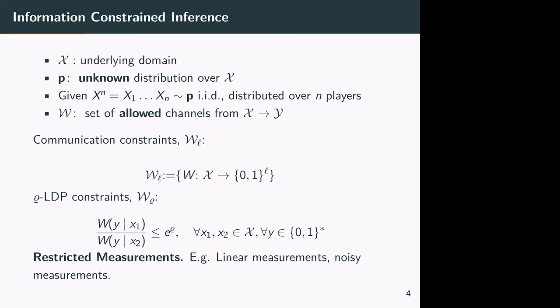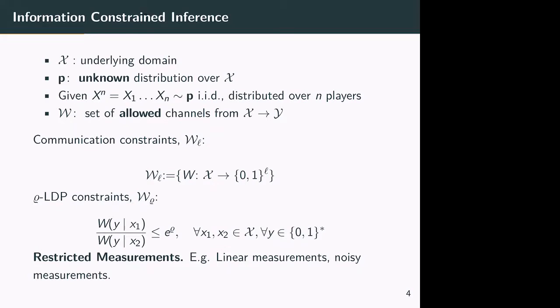So you have x1 through xn, player i has sample xi, and now each of them is allowed to choose a channel W. So we'll have this script W or calligraphic W, which denotes a set of allowed channels whose input set is X and the output is some Y.